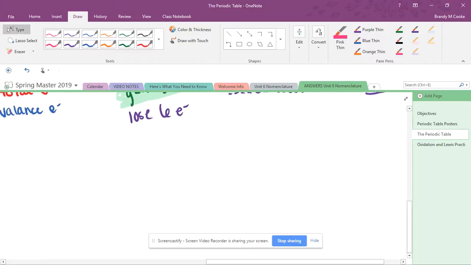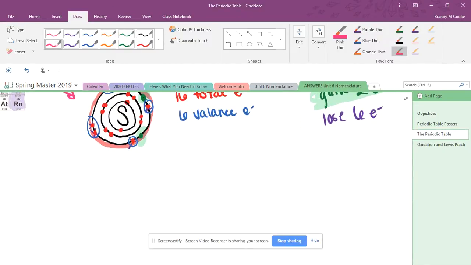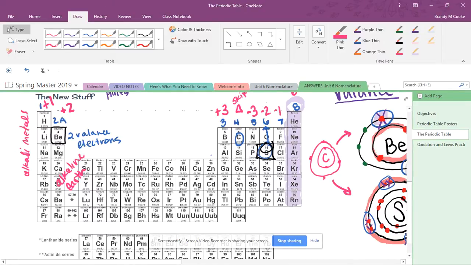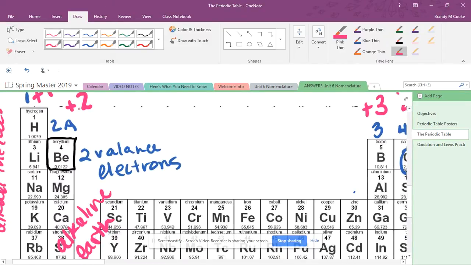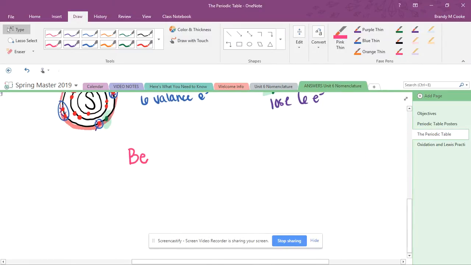So I'm just going to give you another visual for beryllium and sulfur. So again, we have beryllium, and he's going to try to lose those 2 valence electrons, and he's going to get that +2 charge. And then we have sulfur, he's going to have that -2 charge. And so if we put a beryllium together with a sulfur, they're going to make that exchange happen, and it's going to become beryllium sulfide.